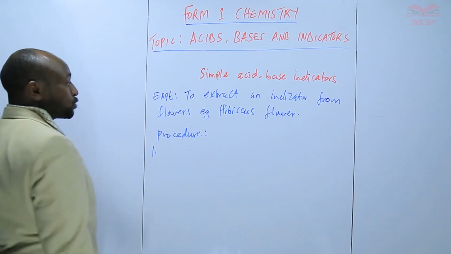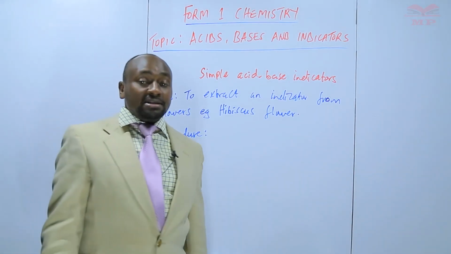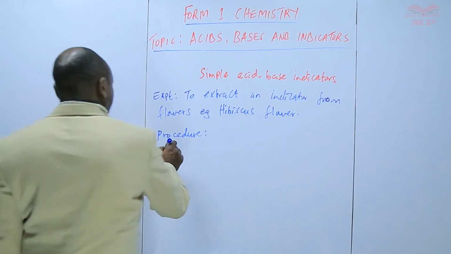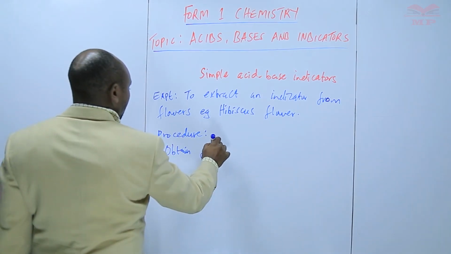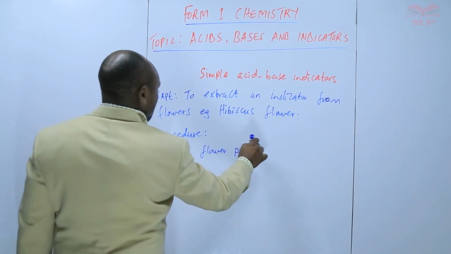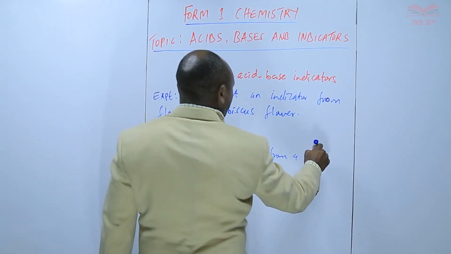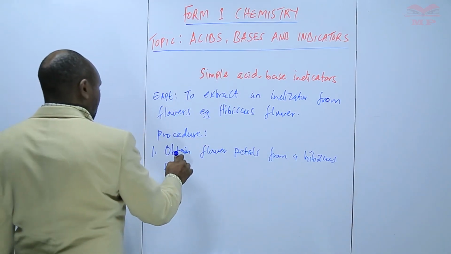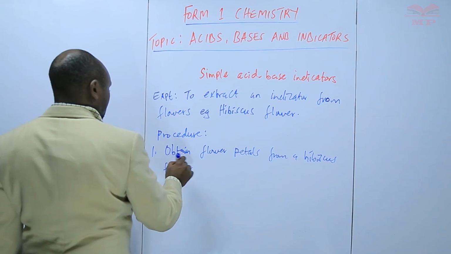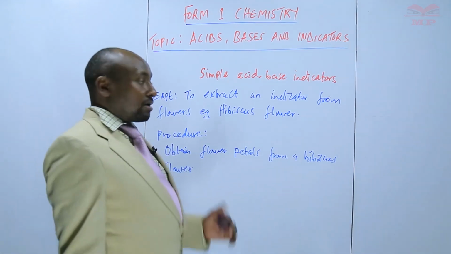So the procedure. The first step is to obtain the flower petals from a hibiscus plant. It's a plant that has some pink flowers.